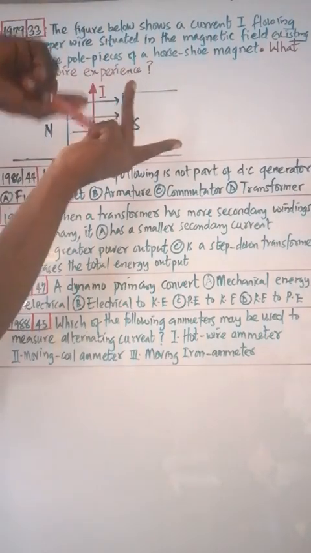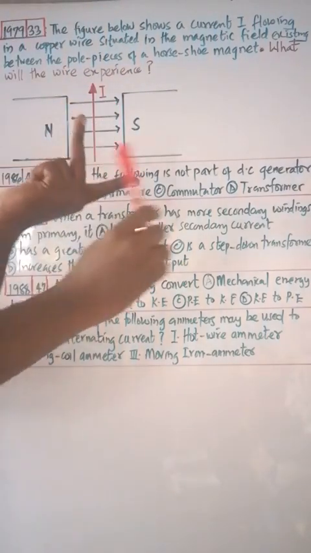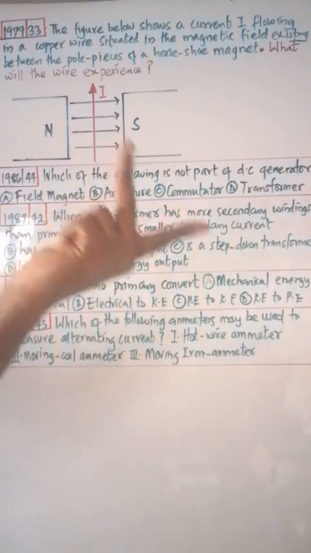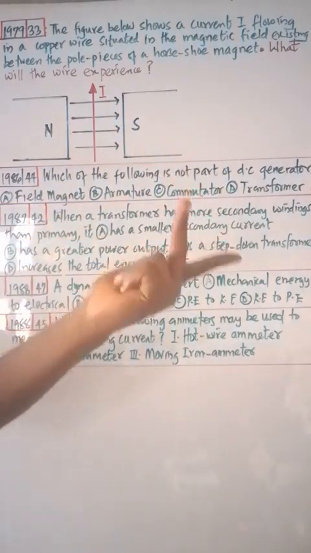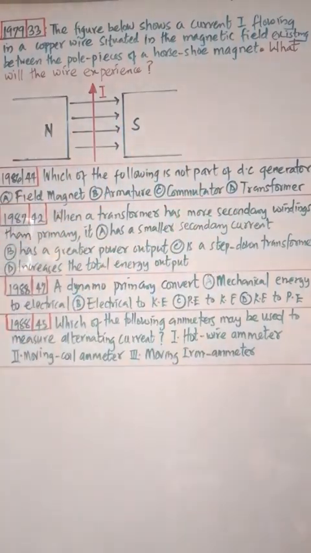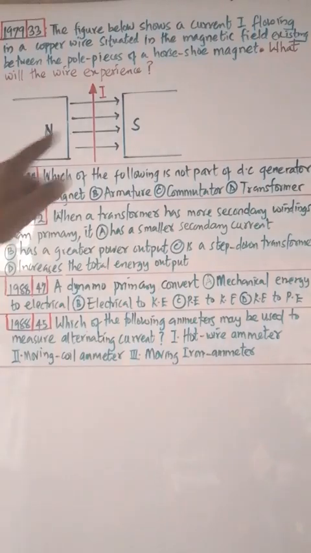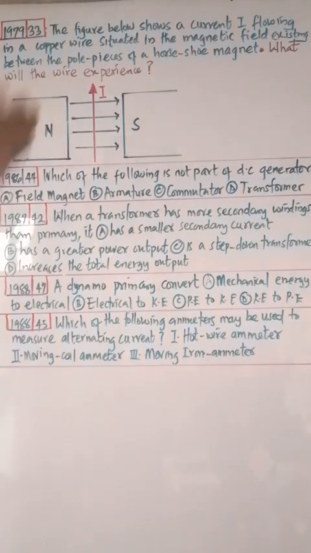The current is up. The field is going from north towards the south. Then the thumb points towards the what? The board. So in this case, the wire will experience a force that moves it away from the observer. If we are the observer, then this will go inward, inside the board in this case.